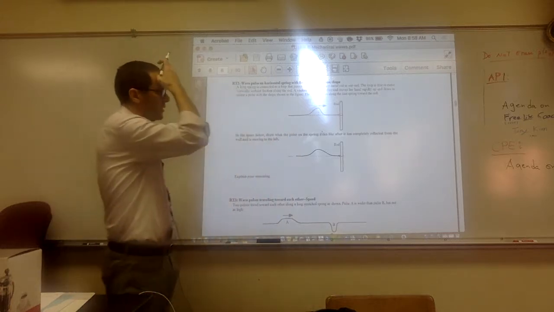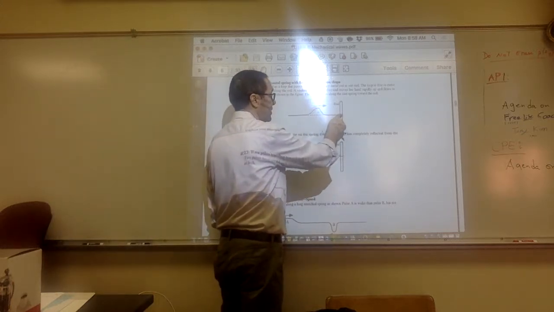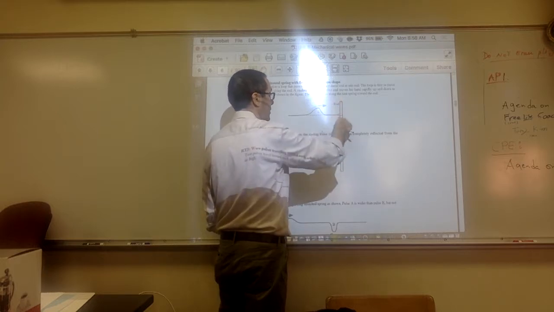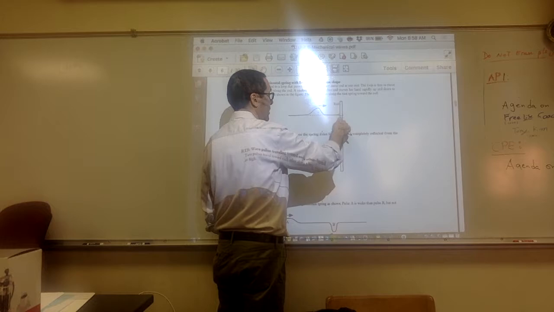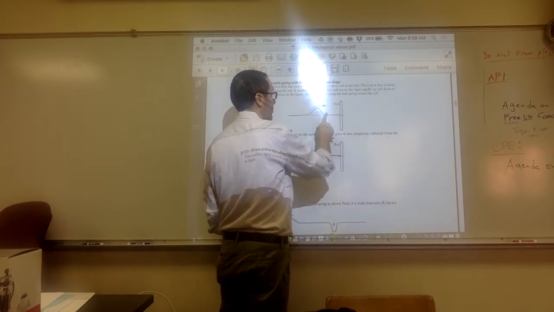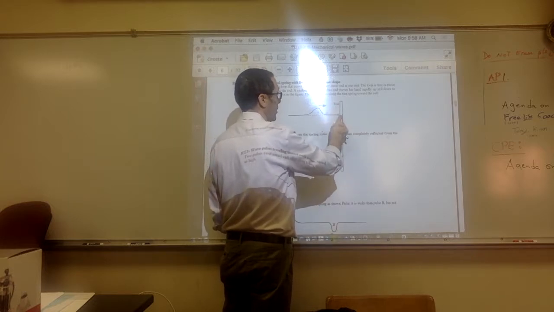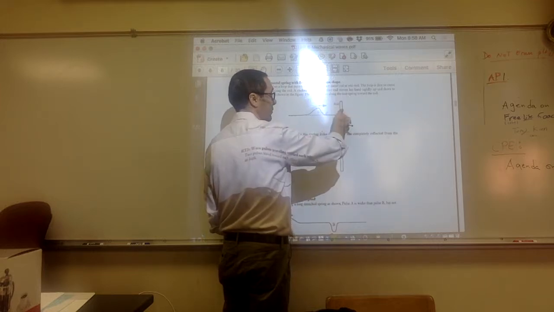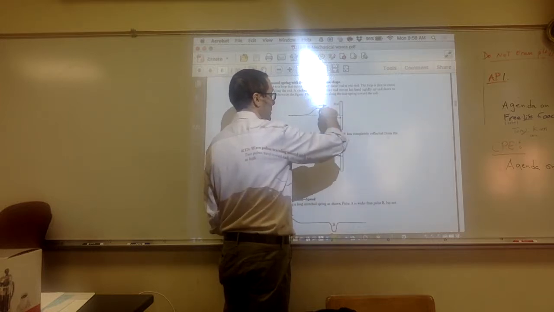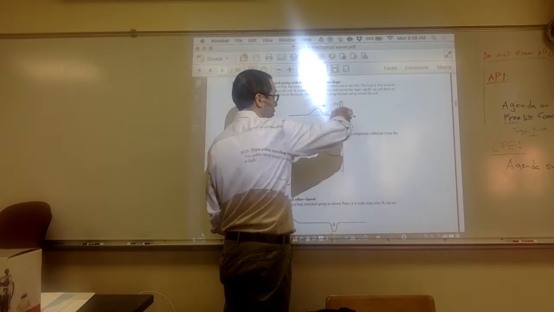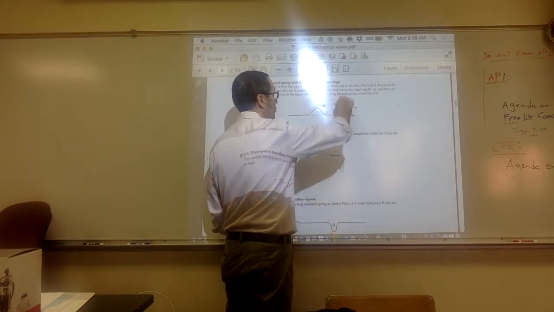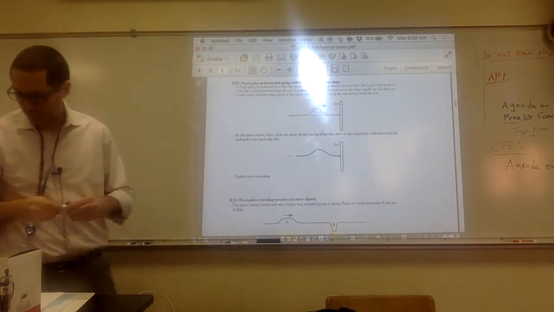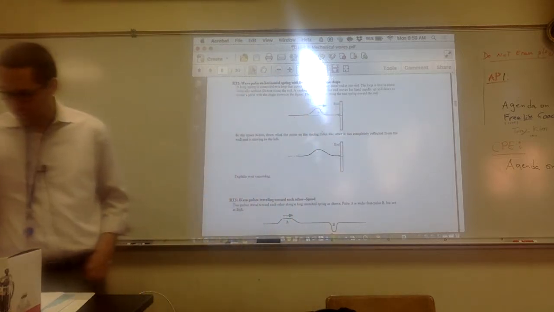And the reason for that is, if this were fixed, when this comes here, it pushes down on the rod, and the rod will push up on it and reverse it. But here we don't have that problem. So here when it's coming, this moves. The string doesn't just push down on it. This actually moves with it. So that's why it comes back the same way. That's all Newton's third law, basically.